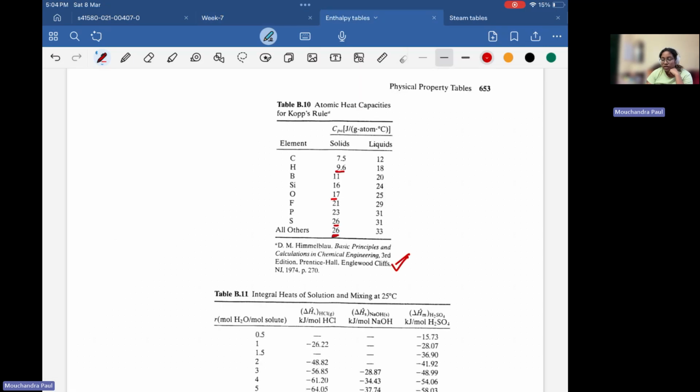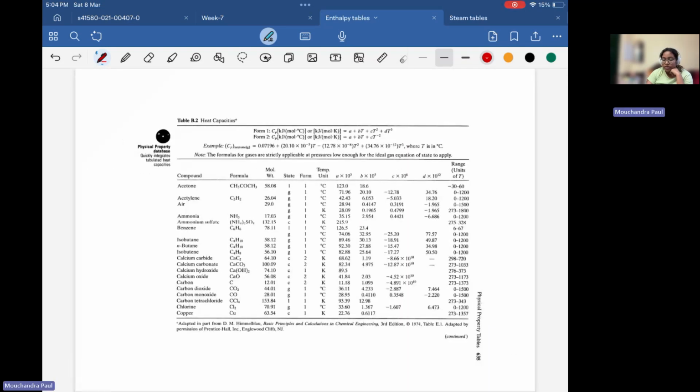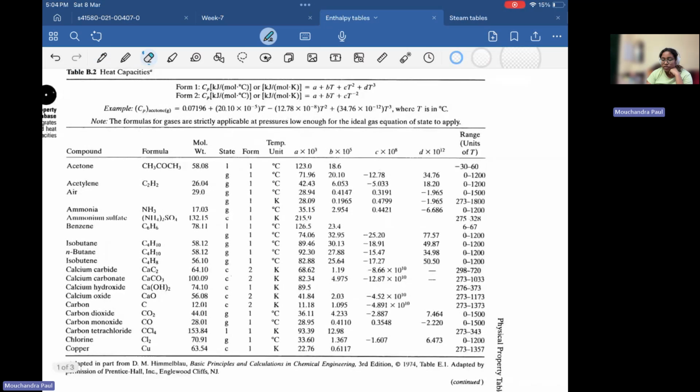So if you look at the enthalpy table and find the equation for air, this is form 1 equation, this is form 2 equation. Here you are given the constants A, B, C, D. They are mentioned here.